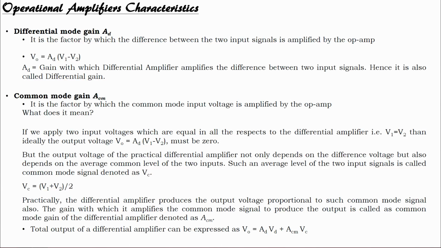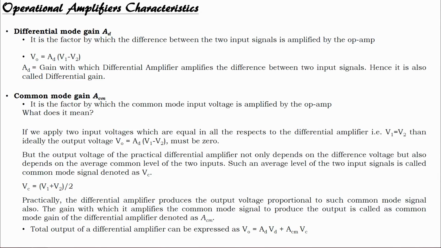But in practical op amps, the practical differential amplifier does not only depend on the difference voltage, but also on the average common level of the two inputs. Such an average level of the two input signals is called the common mode signal, denoted by Vc or VCM, and it can be found by the formula VCM equals V1 plus V2 divided by 2. Thus, we cannot just say that VO equals AD into V1 minus V2.